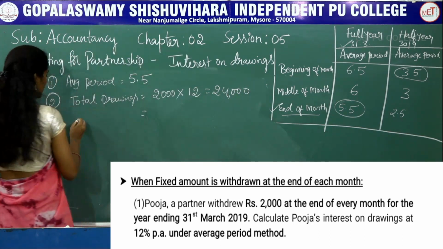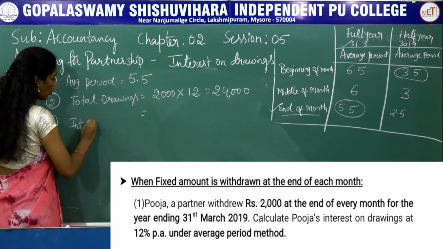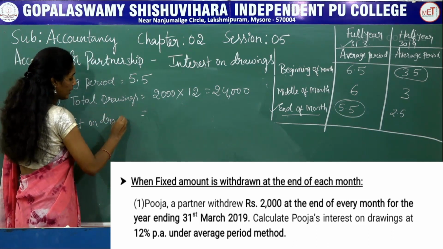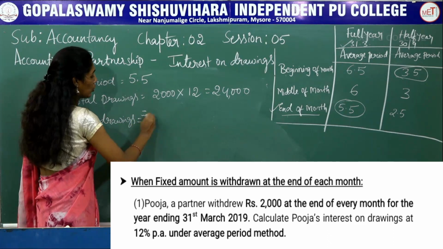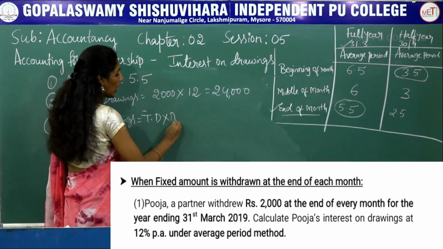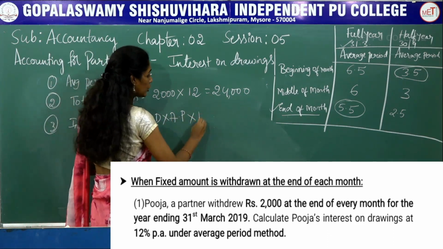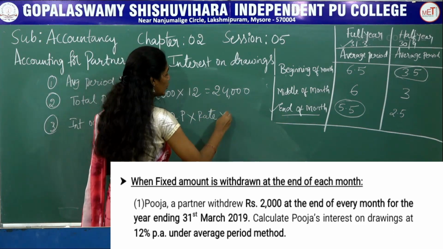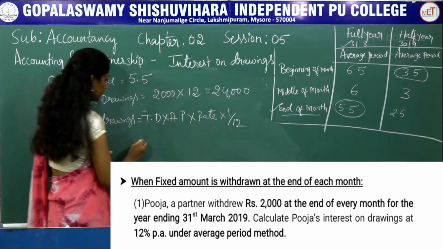Then apply the formula. Interest on drawings equals total drawings into average period into rate into 1 by 12.